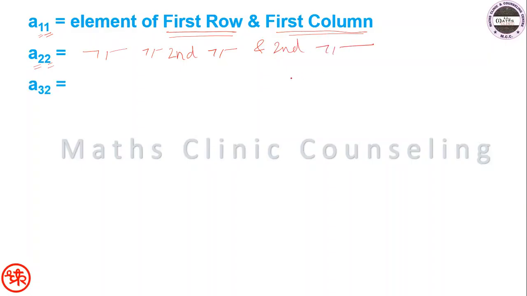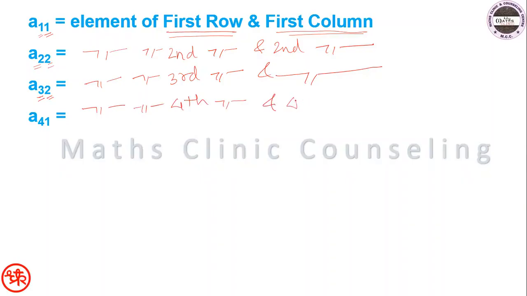So a22. What is a32? a32: first digit 3 means third row, second digit 2 means second column. So element of third row and second column. Is that understood? Likewise we can write, what is this? Element of fourth row and fourth column.